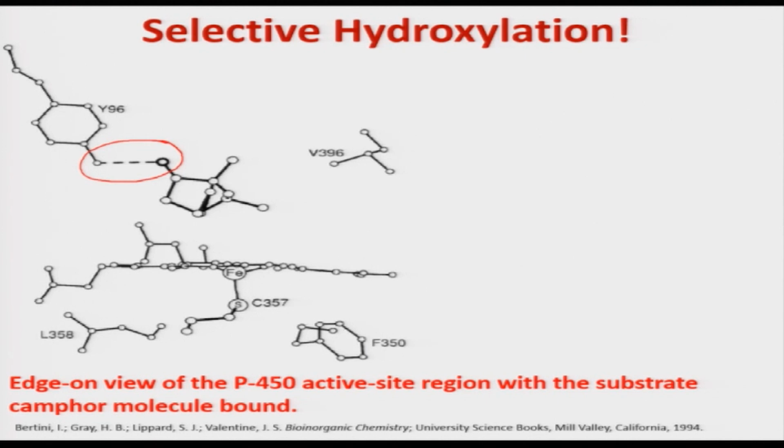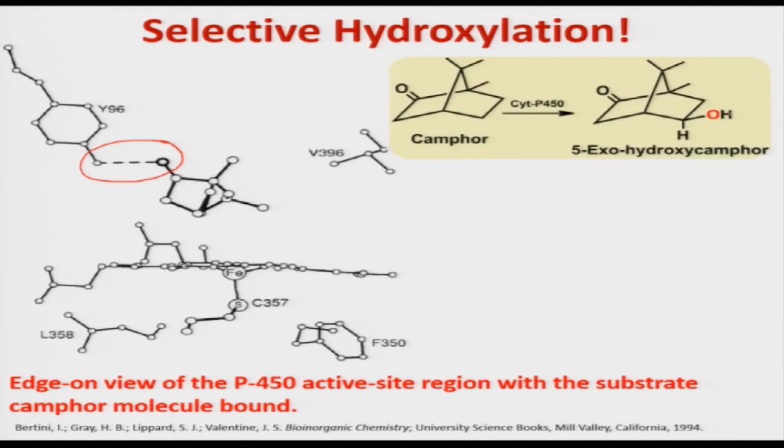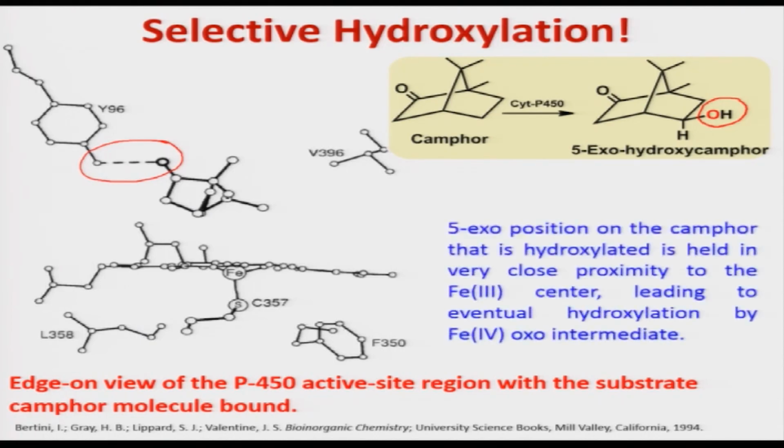The position that is hydroxylated in the oxygenation reaction is the 5-exo position, the closest point of approach of the substrate to the expected position of the oxygen atom bound to iron in the high valent iron oxo intermediate. So, this 5-exo position is the closest to the iron center, and this is highly stereospecific because of the hydrogen bonding, as I have just discussed.